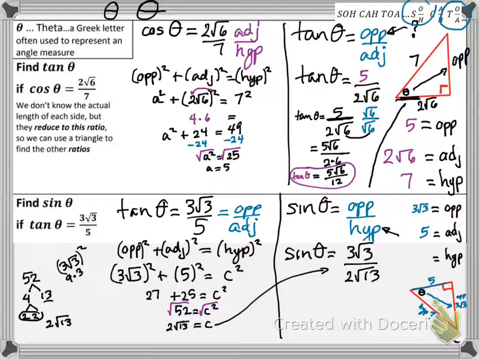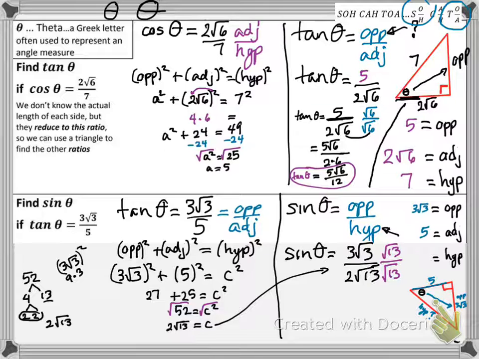I have radicals on top, I have radicals on the bottom. Unfortunately, they don't reduce each other. The outside numbers, they don't reduce each other. I need to get rid of the radical that is on the bottom. And the one that's on the bottom is the square root of 13. I don't need to multiply by the top one. I'm not trying to get rid of that. Multiply by square root 13 over square root 13. Again, I'm multiplying by 1.